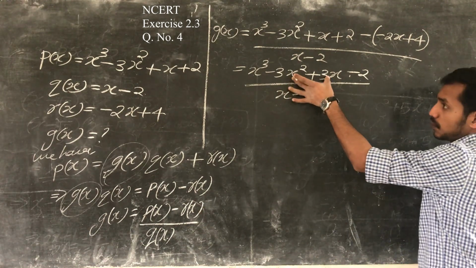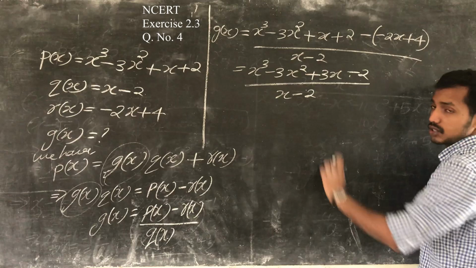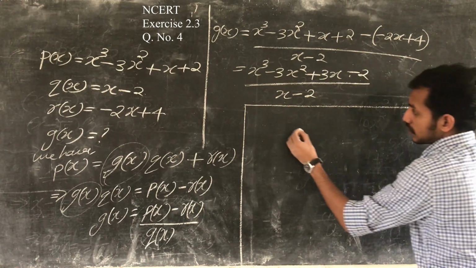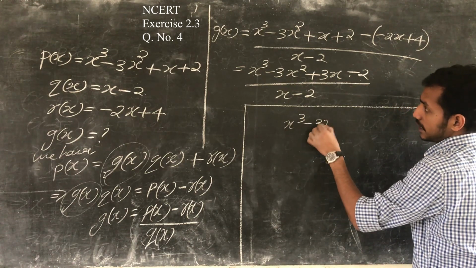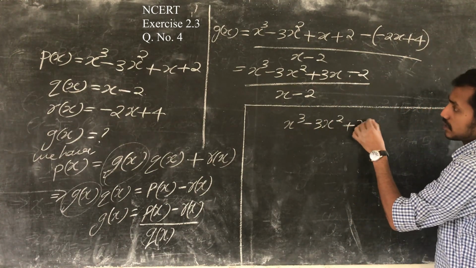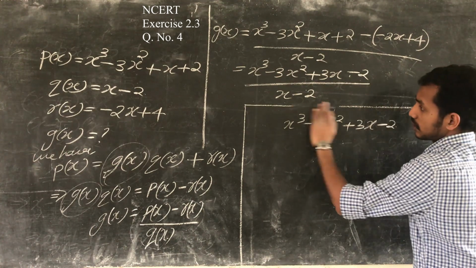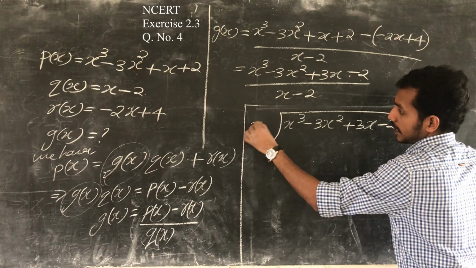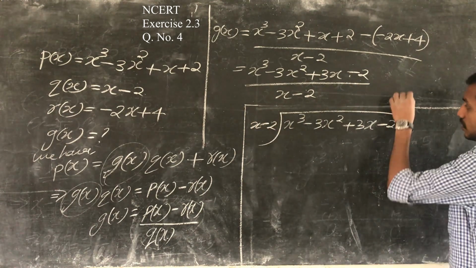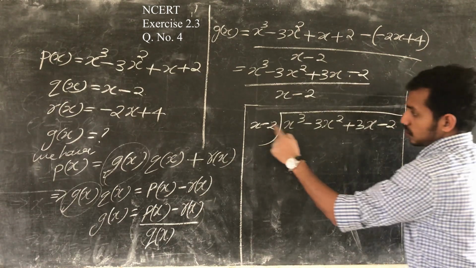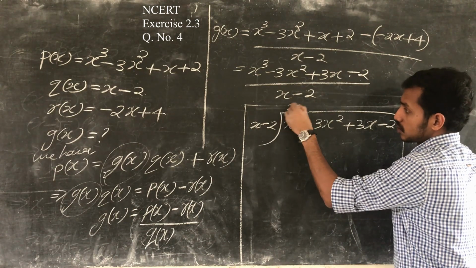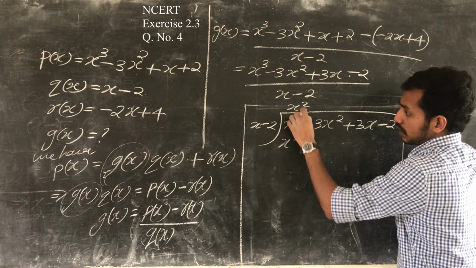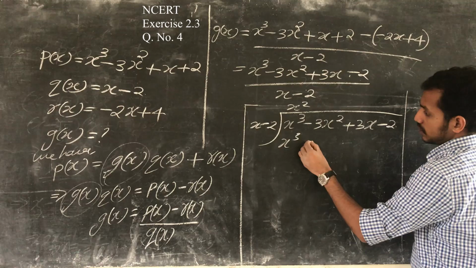Now we have to divide this polynomial by x minus 2. We will get a g of x. So for that, x cube minus 3x square plus 3x minus 2 divided by x minus 2. x cube by x will be x square. x square into x is x cube. x square into minus 2, minus 2x square.